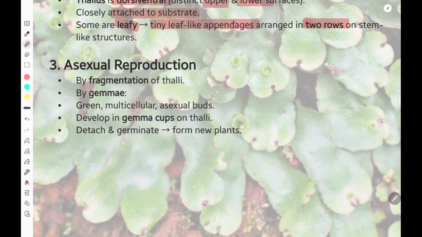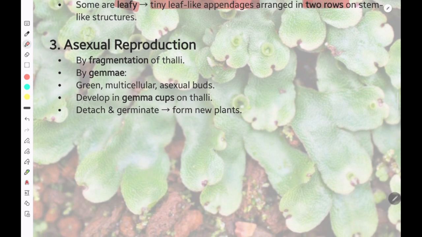Reproduction: in general they can reproduce by fragmentation. They form gemma cups. Gemma cups are basically cone-shaped cups like this, which develop into new thalloids. They detach and germinate later.